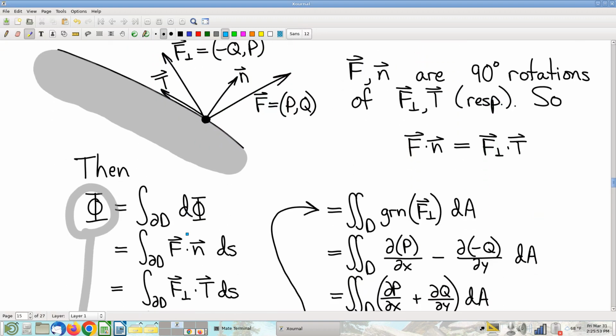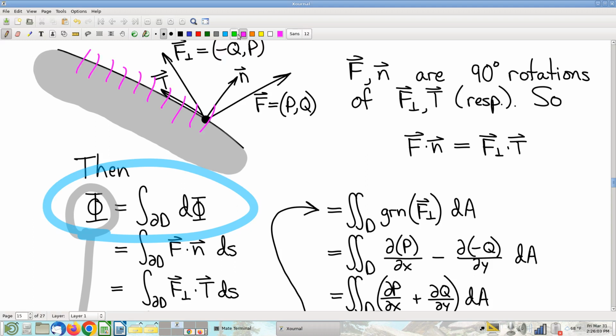If I want to compute a total flux, I'm going to chop my curve up into a bunch of little pieces. I can look on each piece. On that little piece, there's going to be a certain amount of flux, and then I just add that up over the entire curve to give me the total.